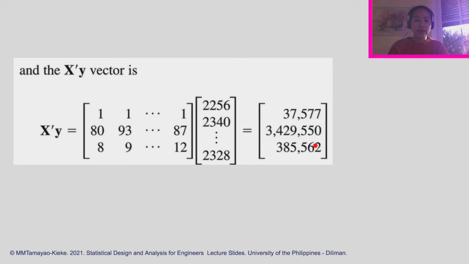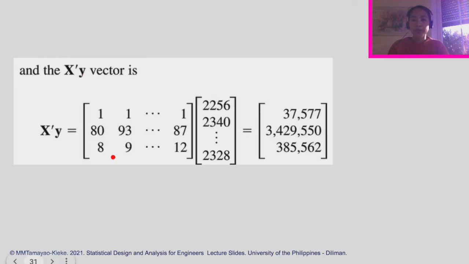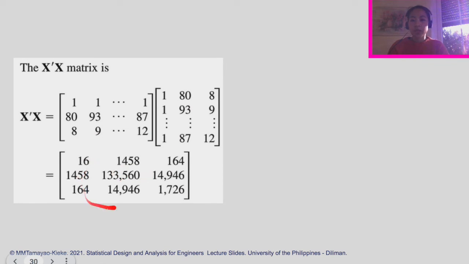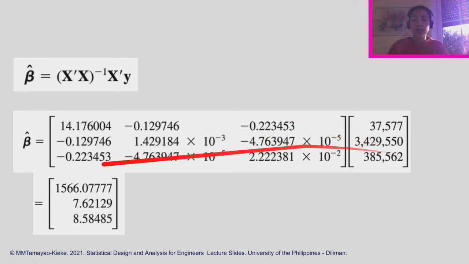Now we know that beta hat is just equal to the inverse of X prime X times X prime Y. So first, we get the inverse of this matrix and multiply it by this matrix here to get this matrix.